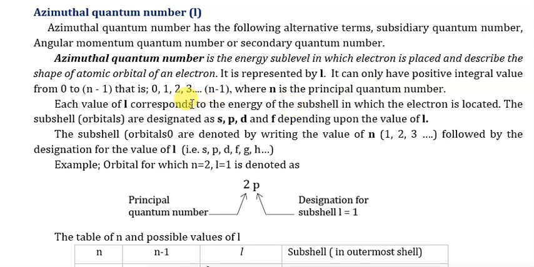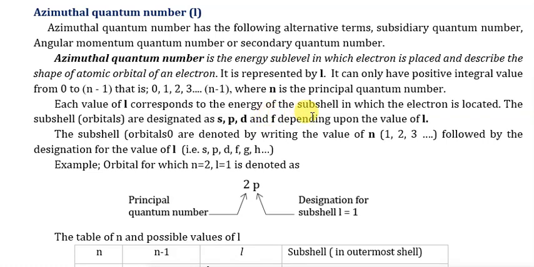You cannot write the values of the azimuthal quantum number if you are not given the value of the principal quantum number. So each value of l corresponds to the energy of the subshell in which the electron is located. The subshell orbitals are designated as s, p, d and f depending upon the value of l.